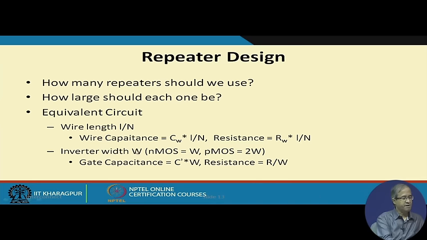If the inverter width is W, typically PMOS is larger, as I said, because of the slower mobility of the holes. So, W and 2W is a very typical value, usually it is less than 2W. The gate capacitance values will be like this. The resistance value will be divided by W and capacitance will increase in proportion with W.